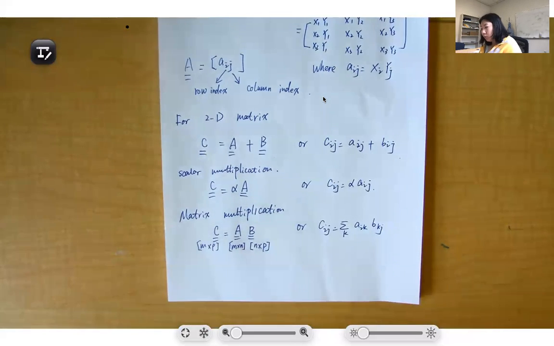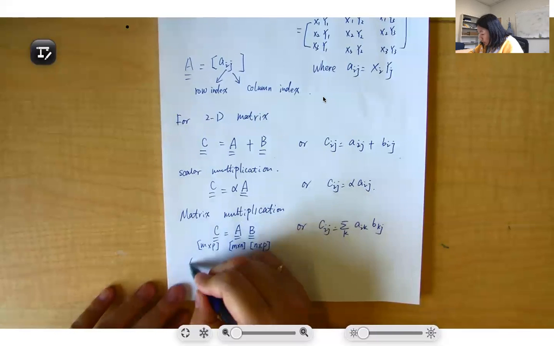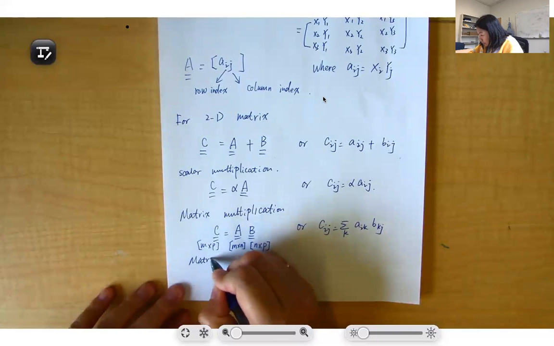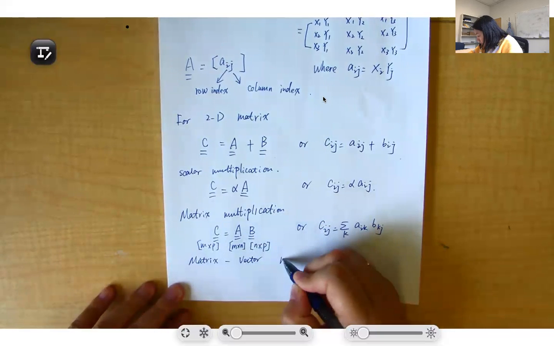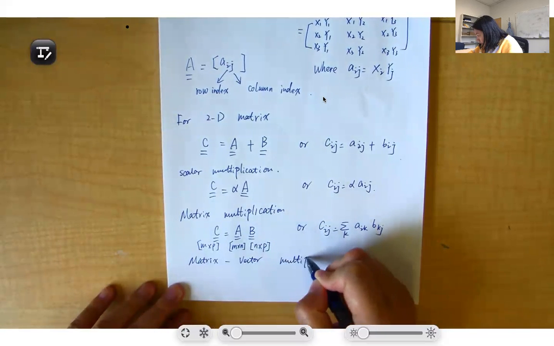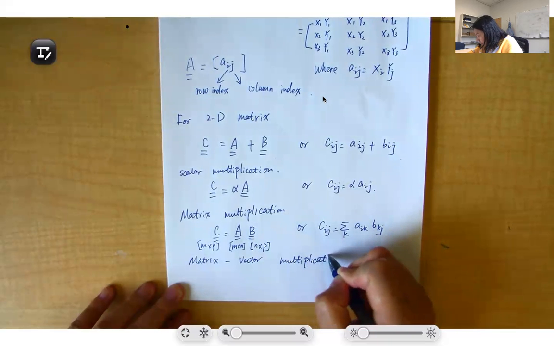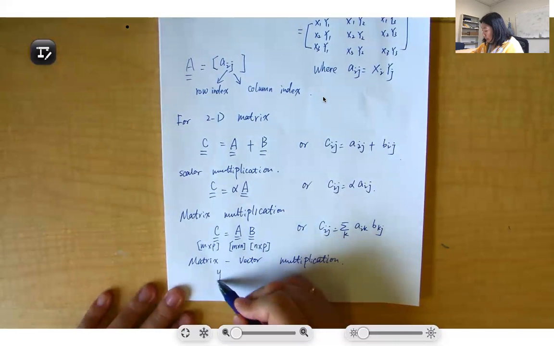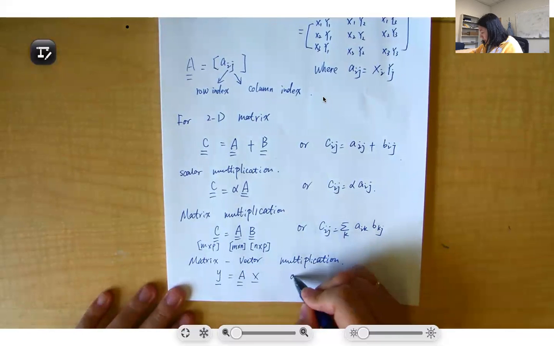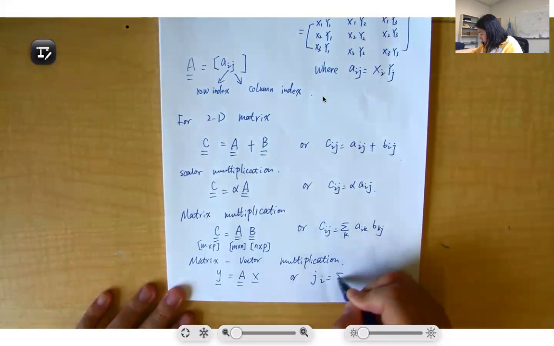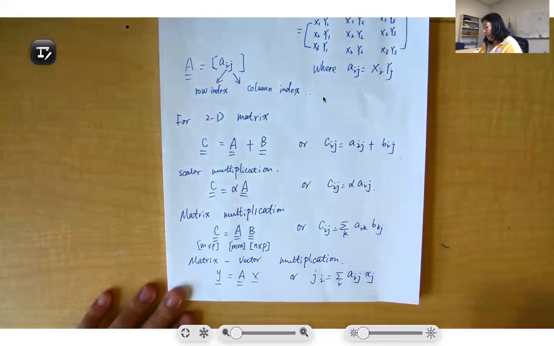And you can also do 2D matrices times a 1D vector. So matrix vector multiplication. You will have Y equals A times X, or you can say Yi equals the sum of Aij, Xj, okay?